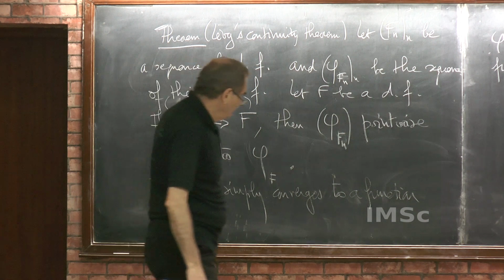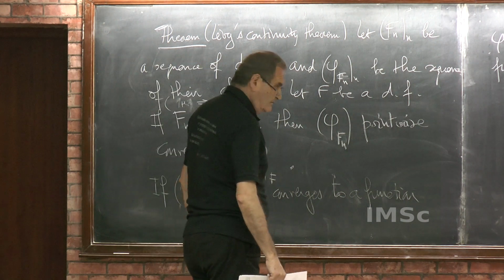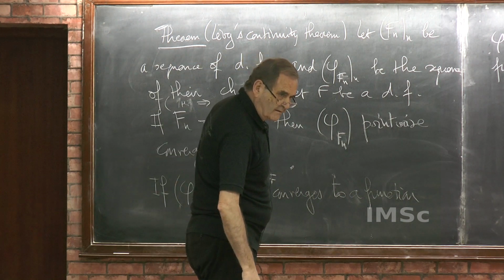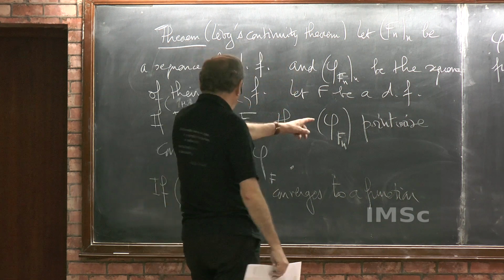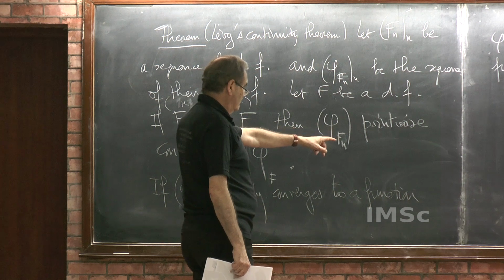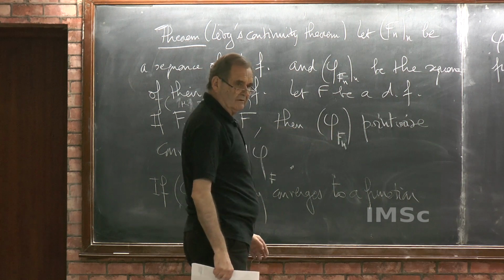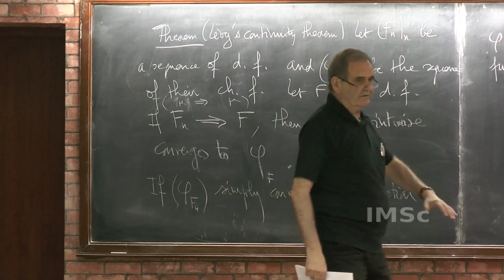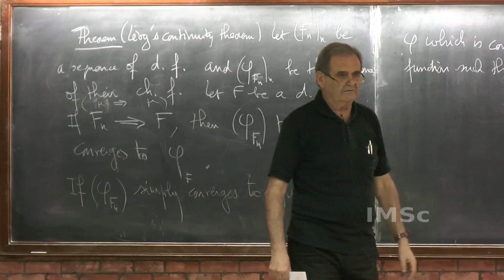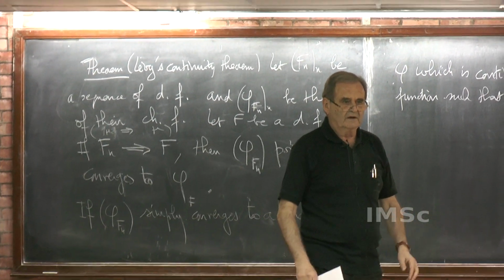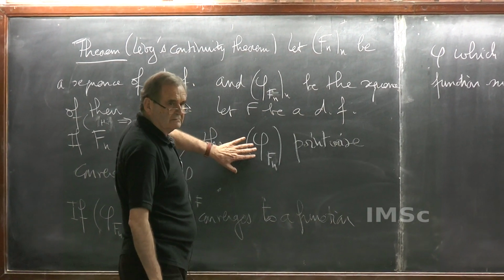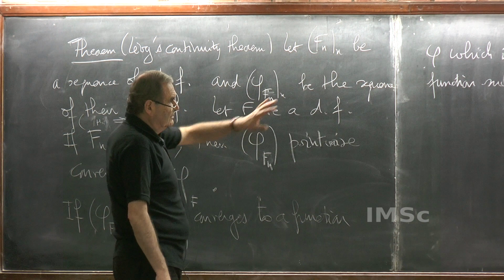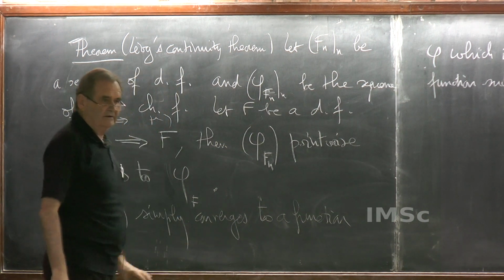The characteristic functions converge at every point, or simply? Simply pointwise. At every point, no continuity, nothing. Yeah, at every point. Everything is continuous. You are just integrating something which is continuous. This is the easy part. If you just work a bit, you'll find it immediately.